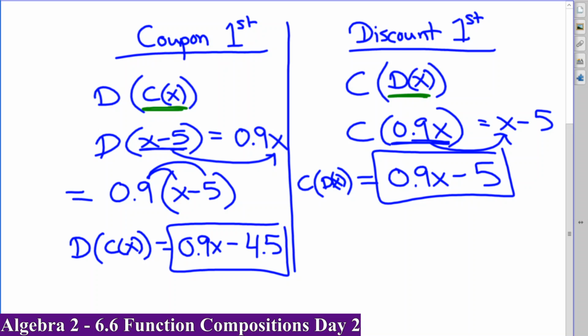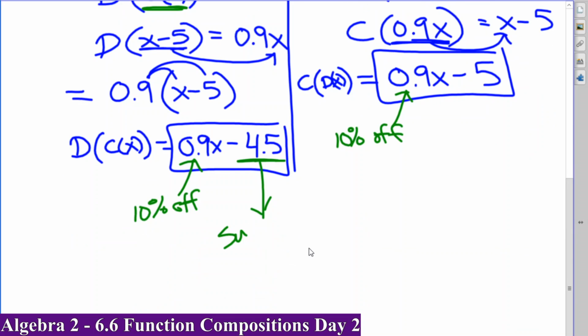If I compare the two, both of them, okay, this is representing that 10% off, right? So they both have the 10% off applied, but the only thing that's different is in the second one, we're going to get to subtract only $4.50 off the full price, if I apply that coupon first.